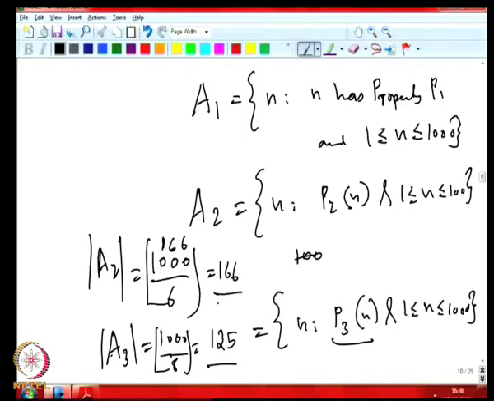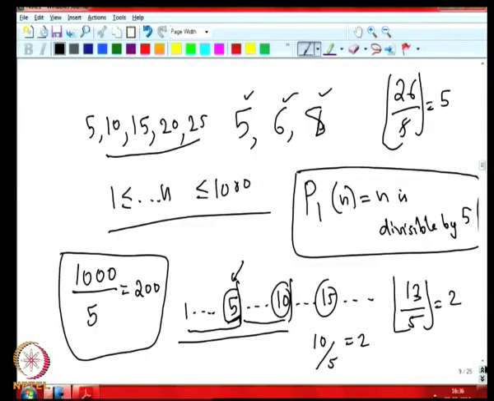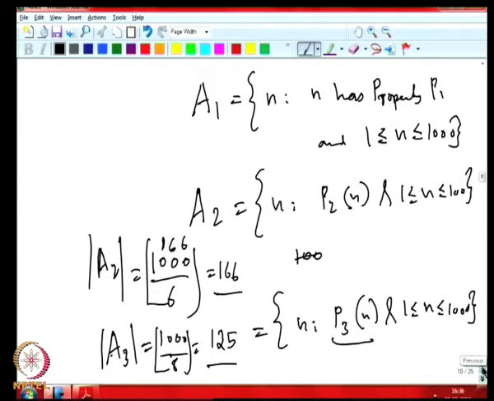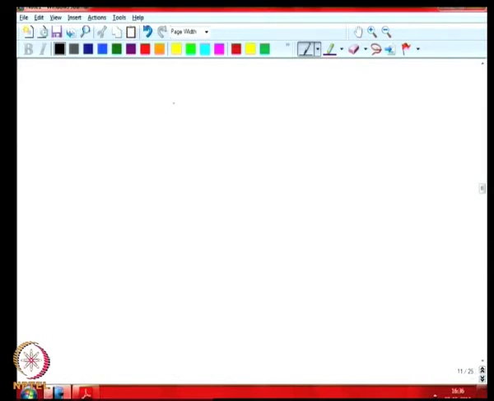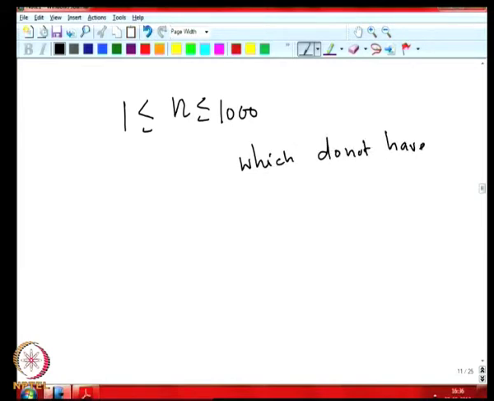125. So, we can easily calculate the 3 sets. But why are we calculating these 3 sets? Because we are asked to find those n between 1 and 1000 which do not have properties P1, P2 and P3.